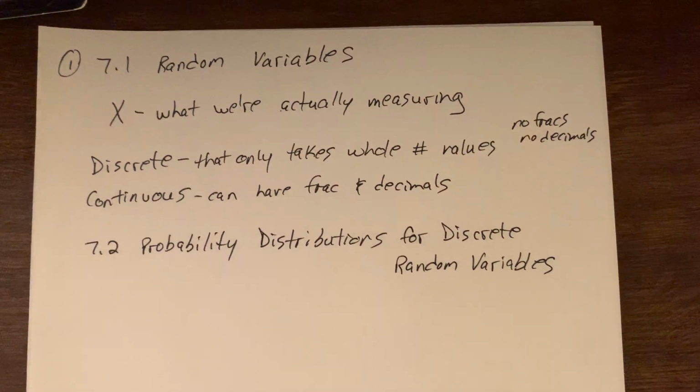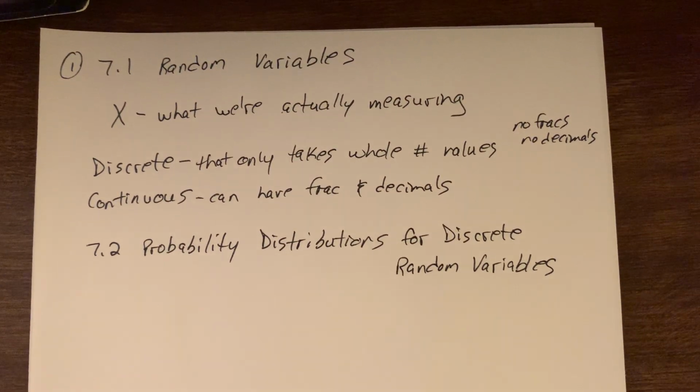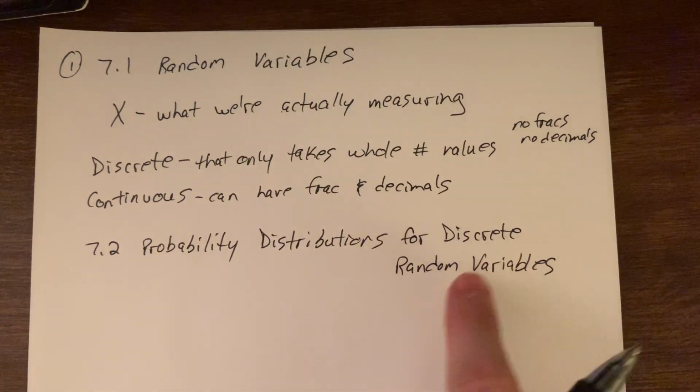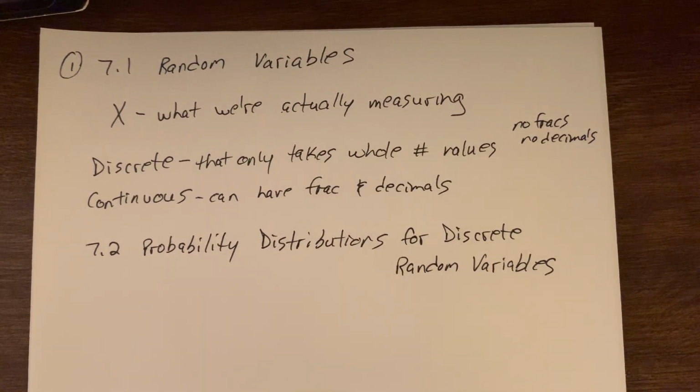We will get back to 7.3, where we'll talk about continuous random variables. That may come up in a later video, or I'll just say it at the end of this video, and that'll be something we establish a little more.